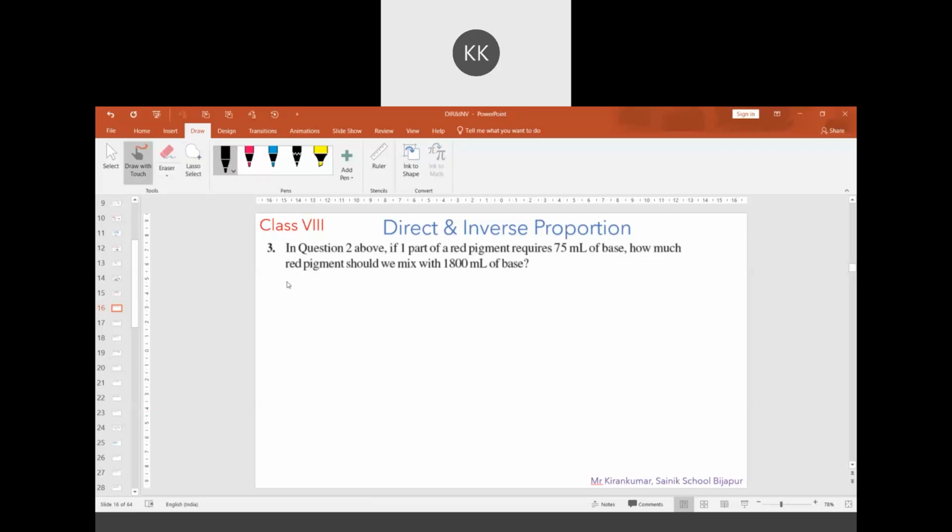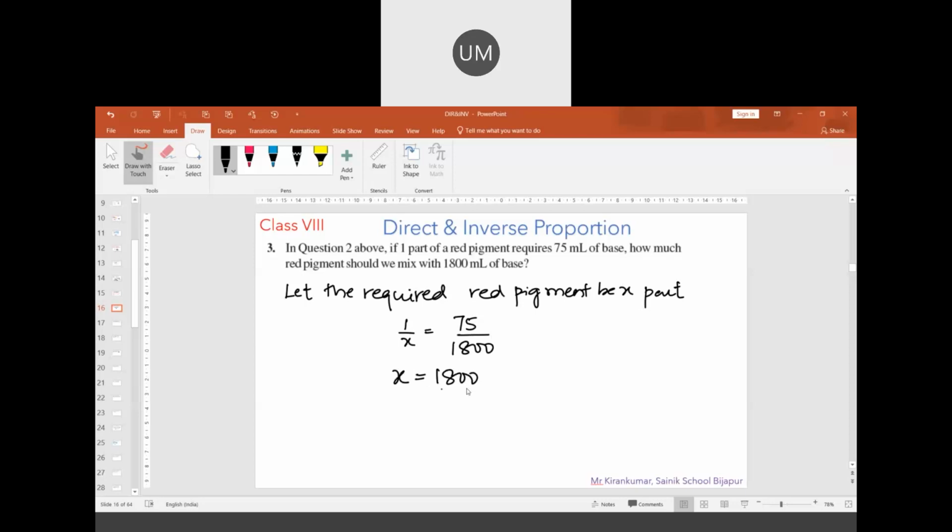Let the required red pigment be X parts. So 1 upon X I can consider as 75 upon 1800. So we can calculate X. X will be equal to 1800 divided by 75.